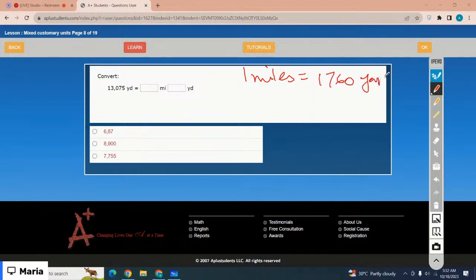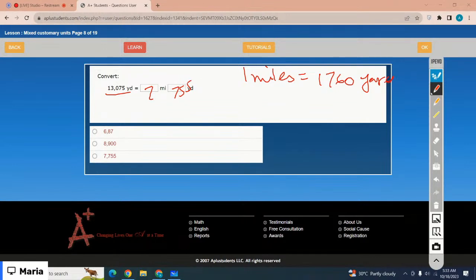So just divide 13,075 by 1,760. It would be 7 miles and 755 yards, right? That would be 7 miles and 755 yards, right?